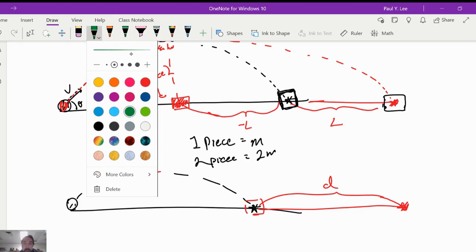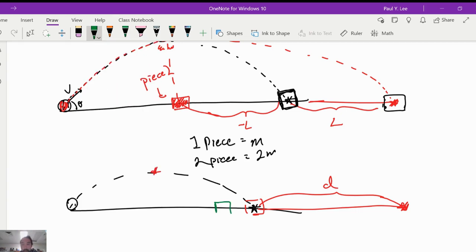And so the second piece might have landed somewhere here, because this is piece 2, this is piece 1, and the center of mass has to be somewhere there. And so the path of piece 2 would look like this, and the path of piece 1 would look something like this. It would have shot out like so.